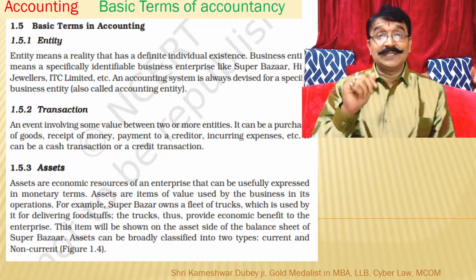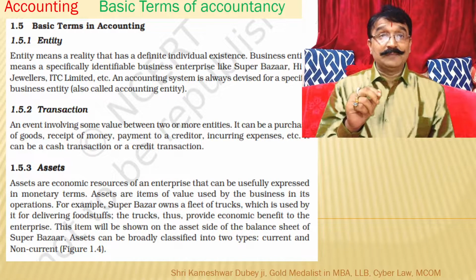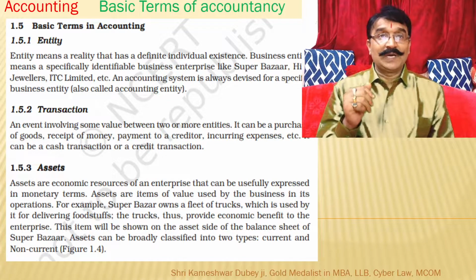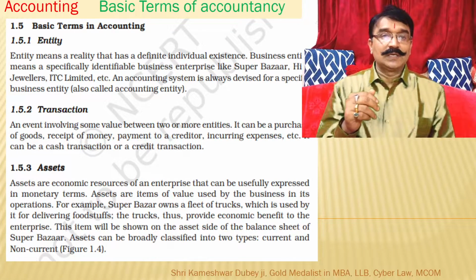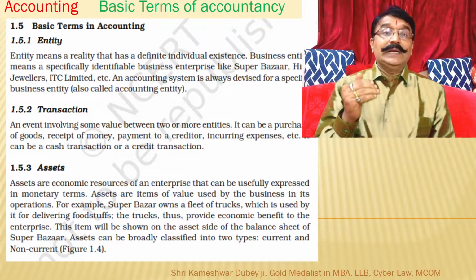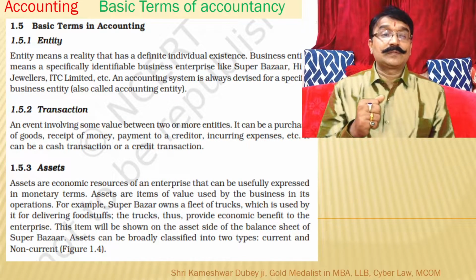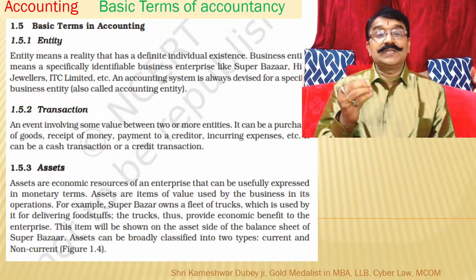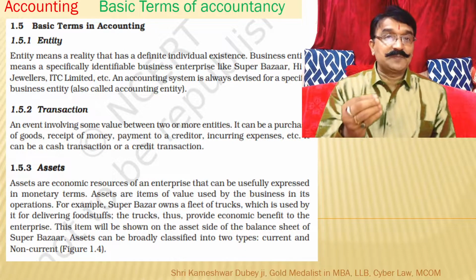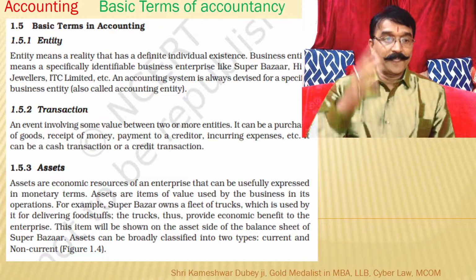That enterprise is known by its name: DMart, Big Bazaar, Supermart, Reliance. These are business entities, known by their names. An accounting system is always devised for a specific business entity.